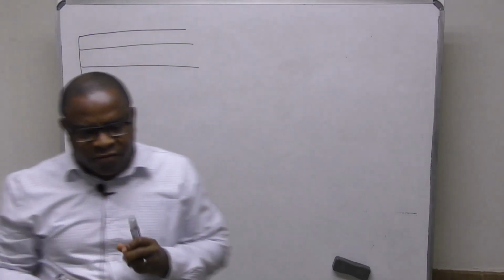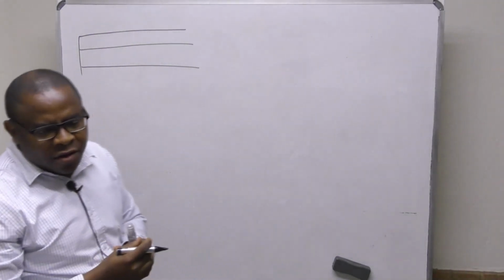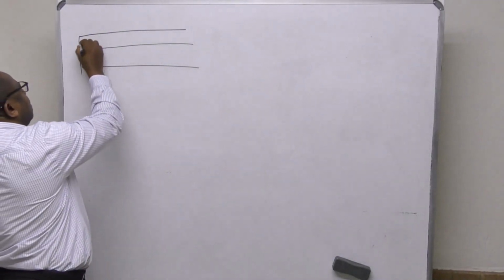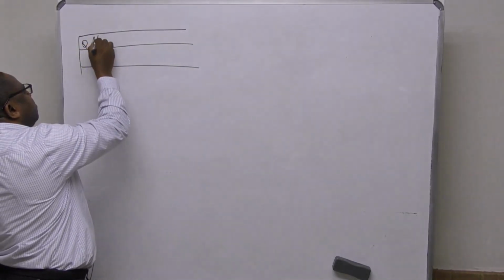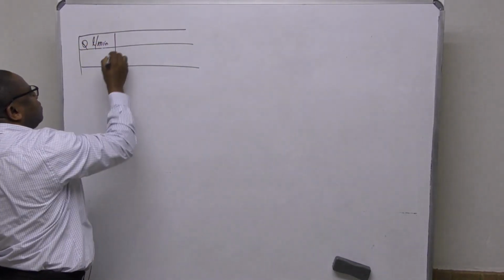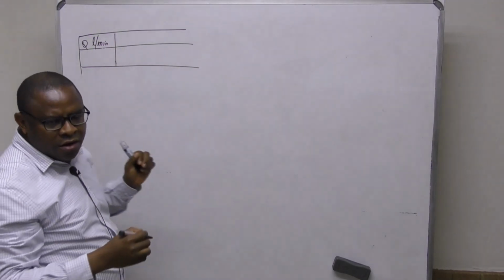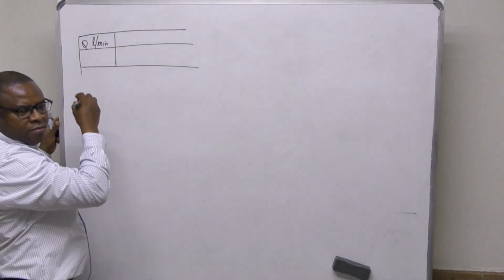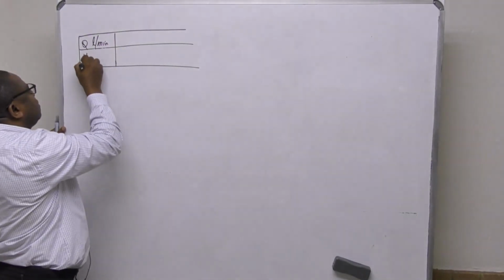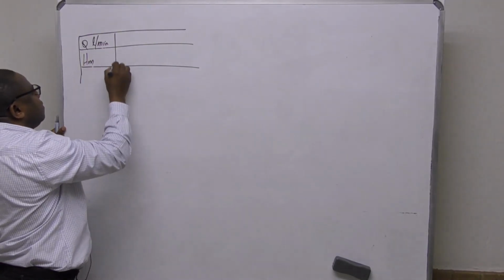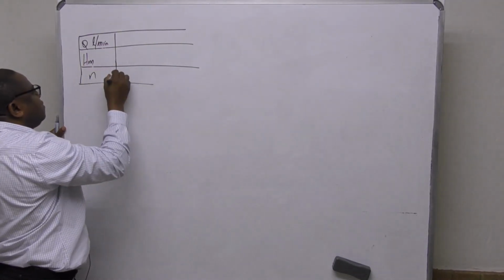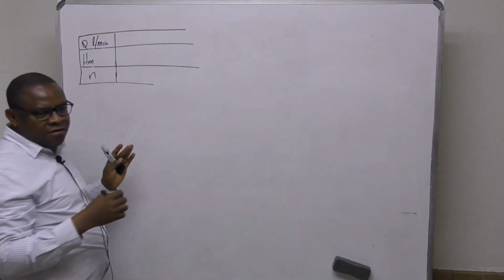So we have Q, which is in liter per minute, and we got HM, manometric head, and then we got efficiency. This is pump characteristics, okay?